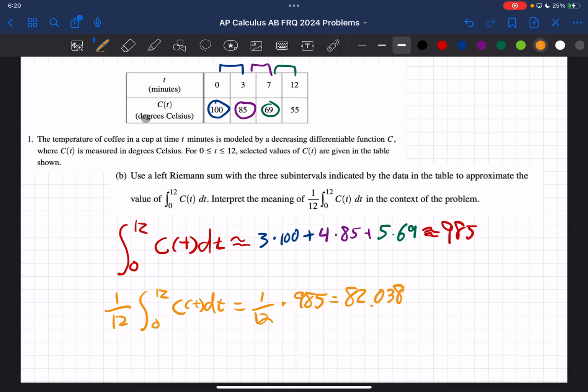And since c of t gives us the degrees Celsius, this is the average degrees Celsius. So 82.038 is the average temperature for the interval 0 less than or equal to t less than or equal to 12. That is the meaning of this expression.